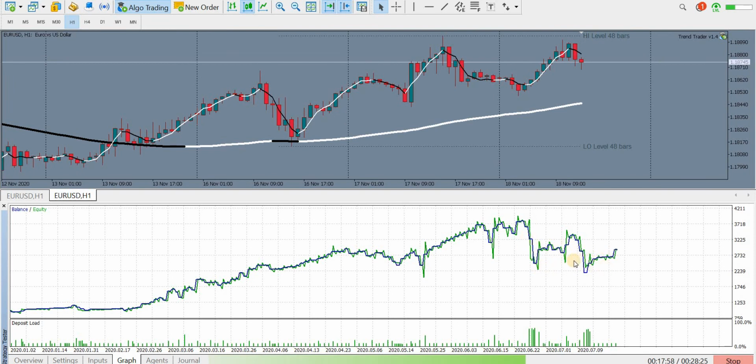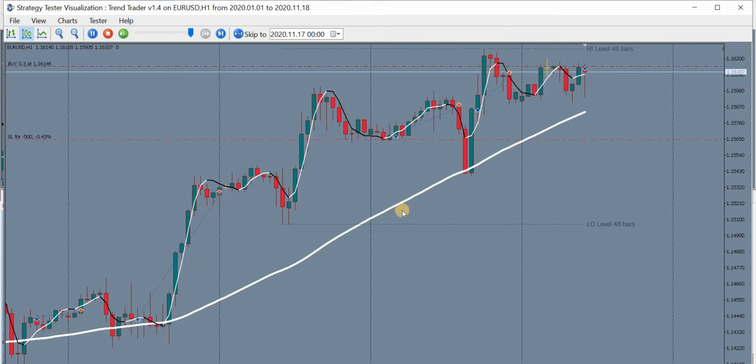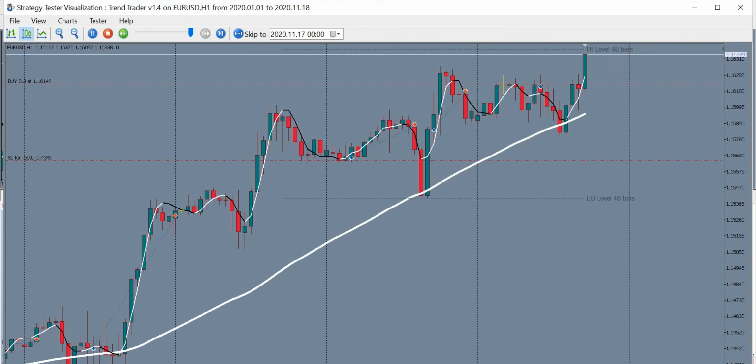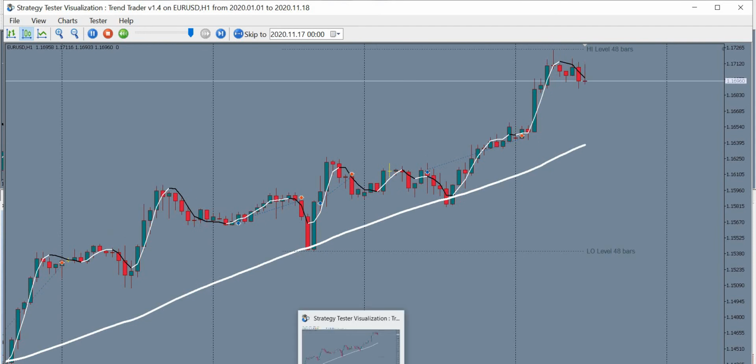It kind of follows the trend. When we have a strong trend, the profit increases. When the price is bouncing, well, the profit is also bouncing, but not dropping, or not dropping too much.